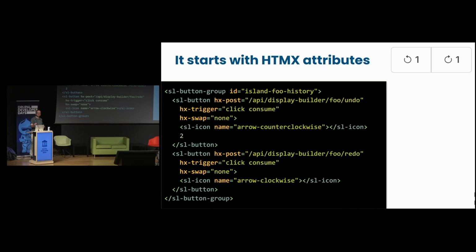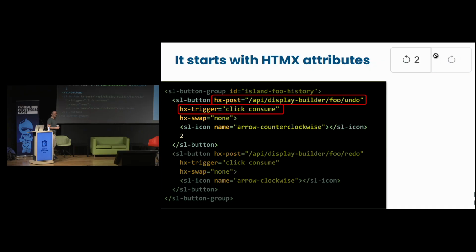So, it starts with HTMX attributes, two of them, one with an HTTP target, and one with an event. So the HTTP target will do something on the server state. It will alter the server state.